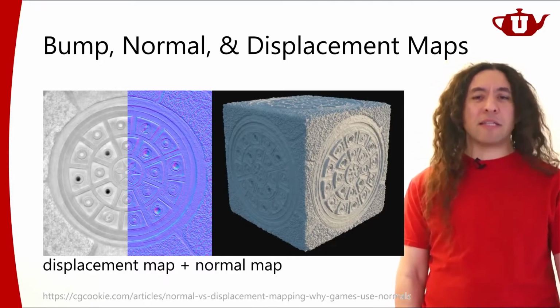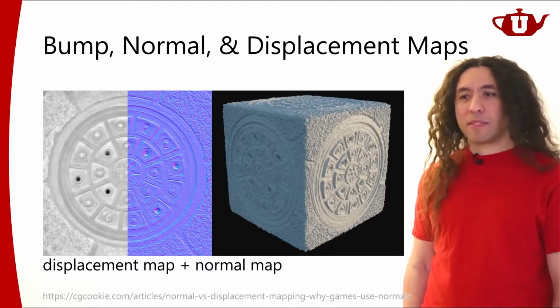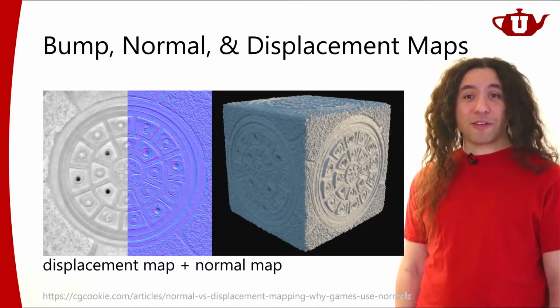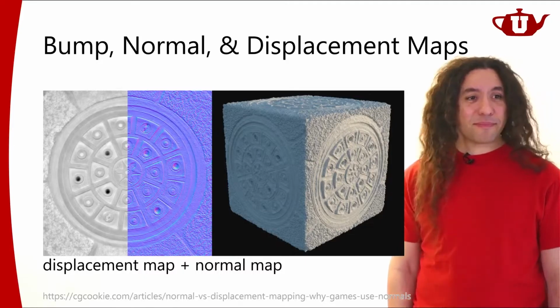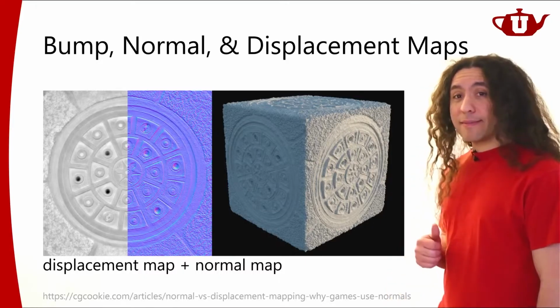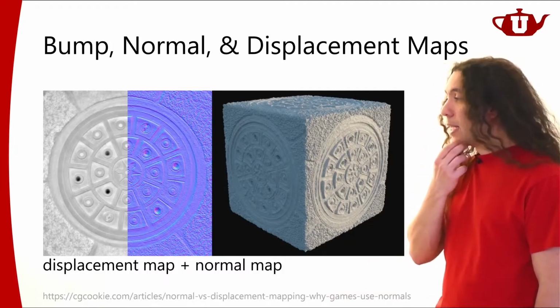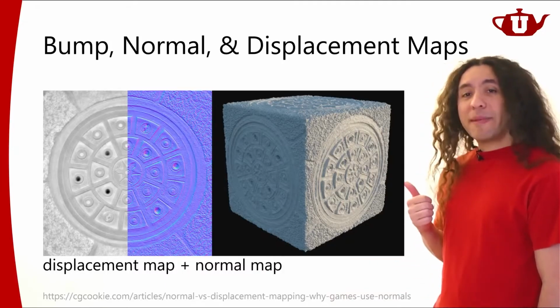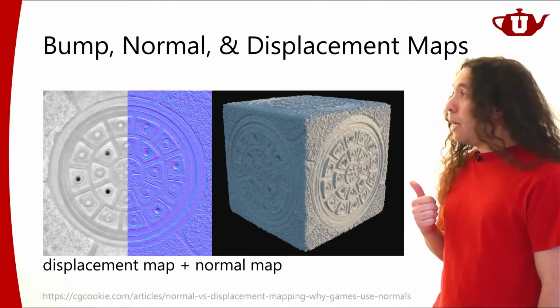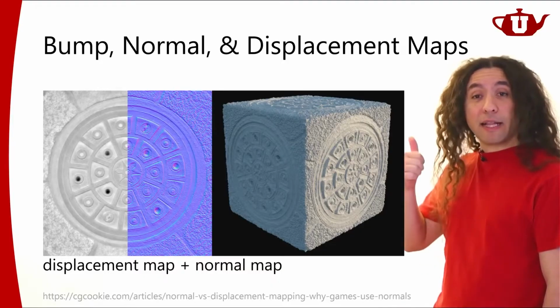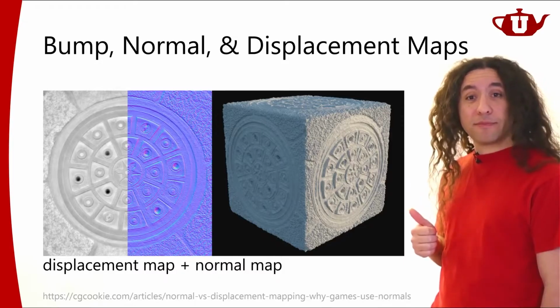Technically, you can just use displacement maps as long as you're okay with computing the surface normals on the fly as you need them. Right. But you will get better detail with normal maps. The reason for that is the geometric detail you can get with displacement maps will depend on your actual geometric detail with your tessellation.